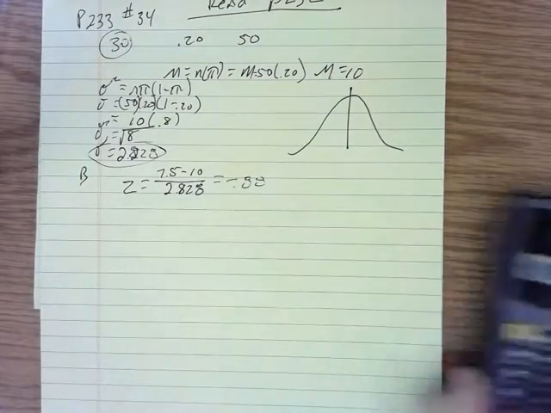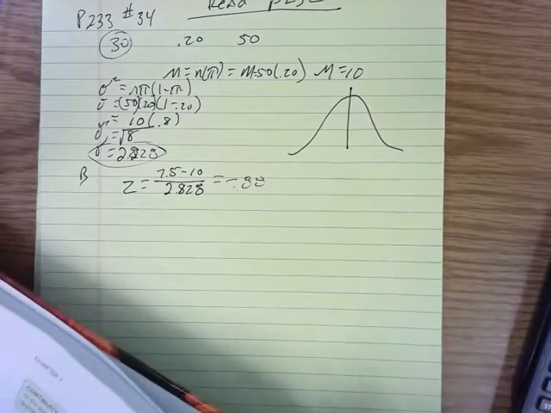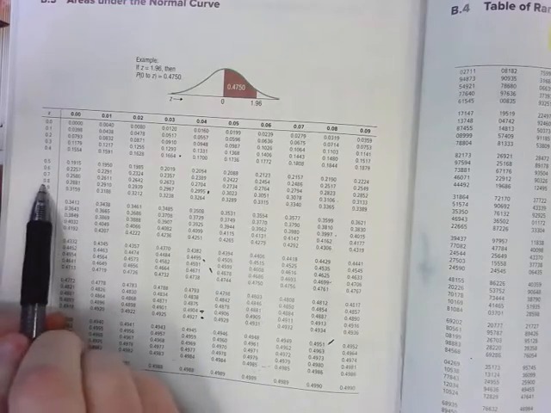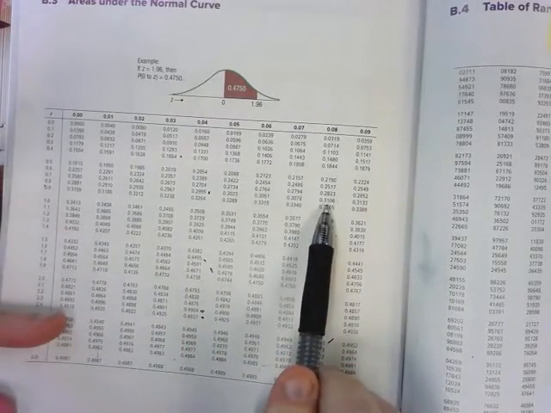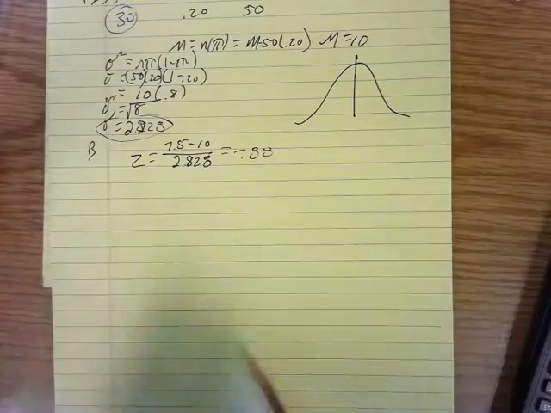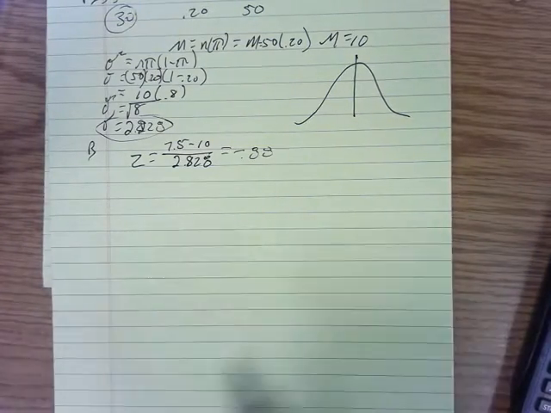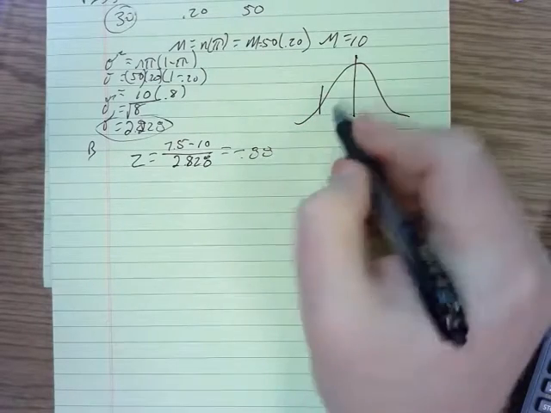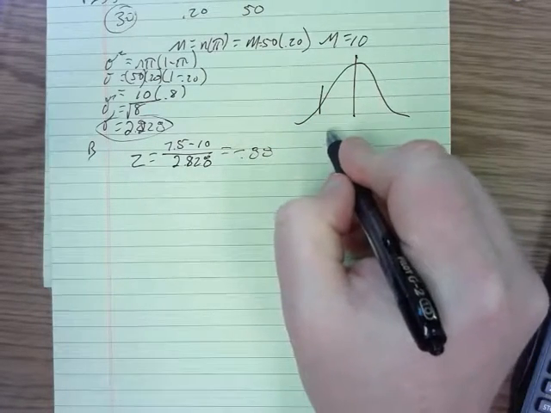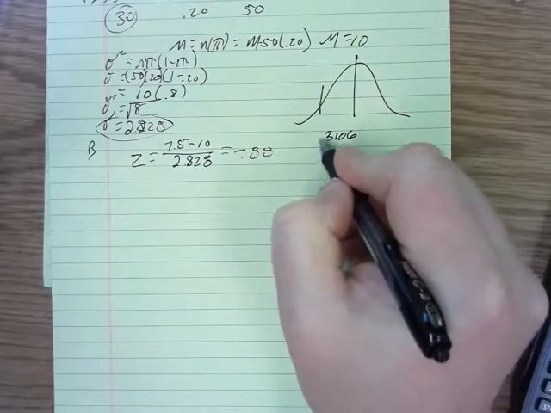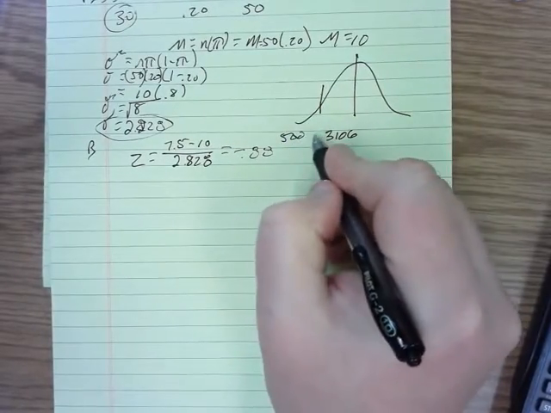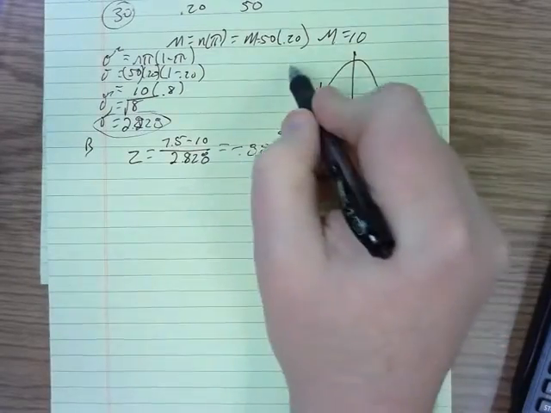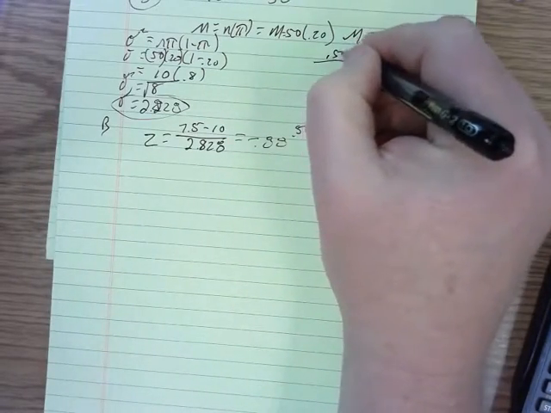Well, to find the z value and figure out what that is, again, it helps to visualize this thing. So let's go into our z table and find 0.88, which is 0.3106. So what we're trying to do is figure out what the probability of it is. We know that this side over here, the entirety of it is 0.500.